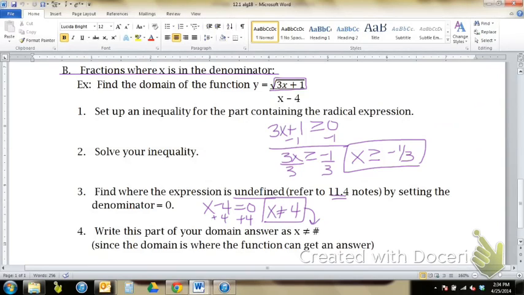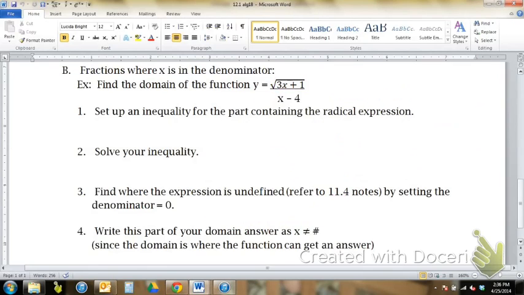That's what that means. Because if I put 4 in up here for x, I get 4 minus 4, which is 0, which is bad. So domain wants to know where is it good, so it's good when x doesn't equal 4. It's a little confusing, I know. I'm sorry.